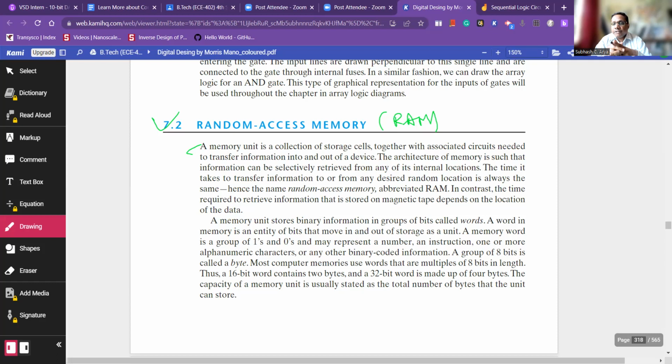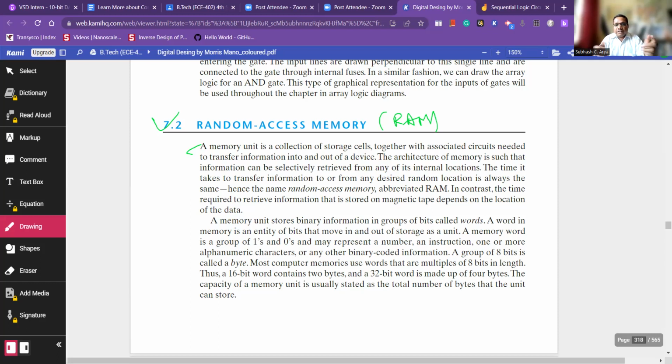The architecture of memory is such that information can be selectively retrieved from any of its internal locations. The time it takes to transfer information to and from any desired random location is always the same. Hence the name random access memory: writing as well as reading at any place in the RAM.